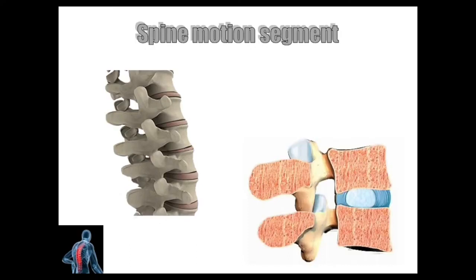Spine motion segment, what is it? Each pair of the vertebrae, for example, C1, C2, C4, C5, L1, L2, form so-called spine motion segments. That means that all types of the movement which are visible for the spine in general can be seen in between each pair of the vertebrae.